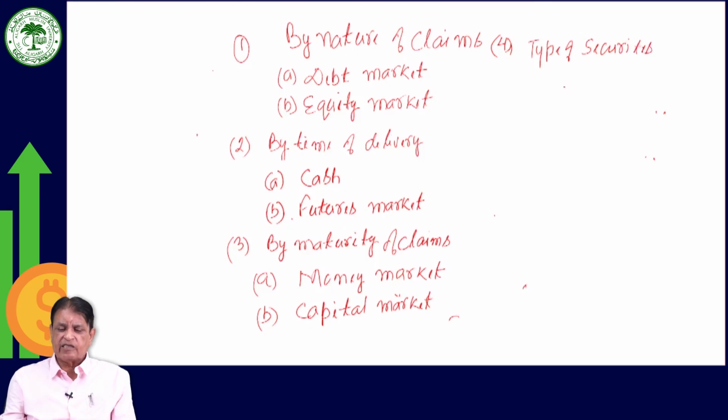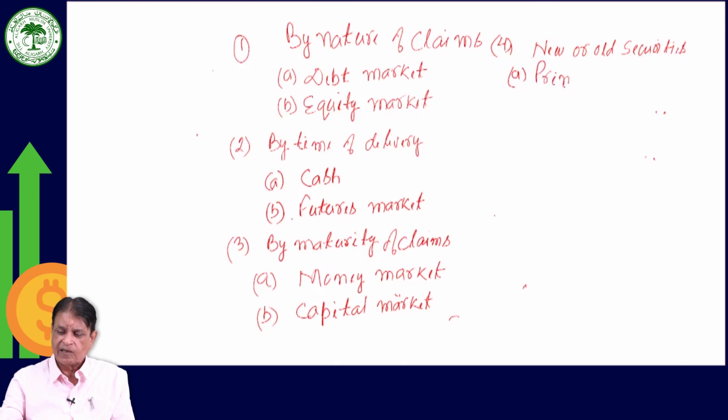By type of securities may lead to confusion. Rather, instead of by type of securities, we simply write here either new securities or old. That is, then this way the classification is primary market and secondary market.